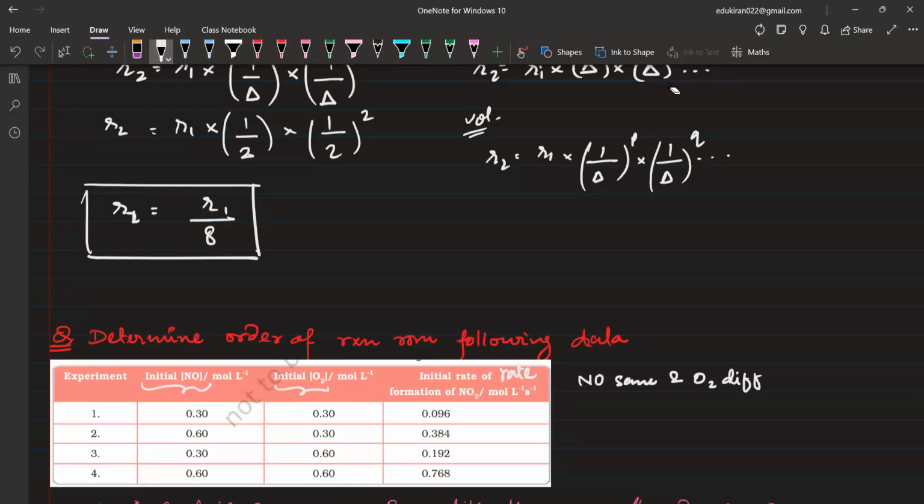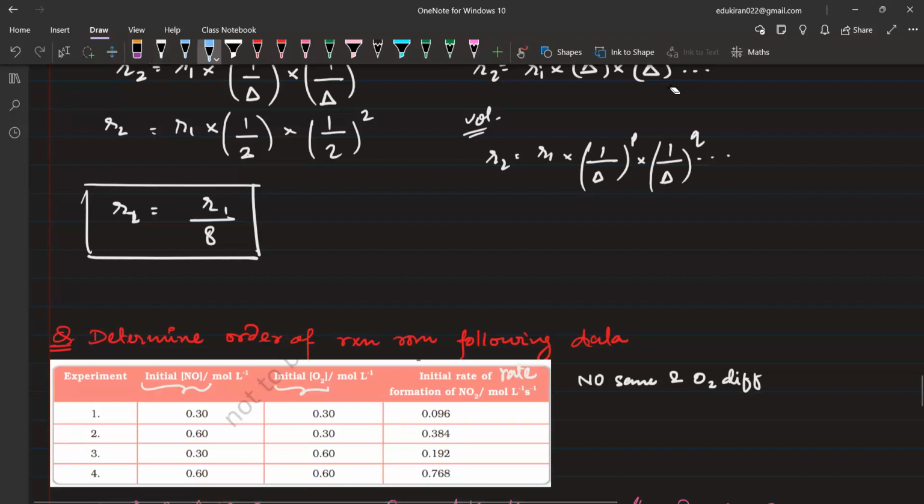Any two experiments in which the concentration of O2 is different and NO is the same. Experiment 1 and 3. Very good.